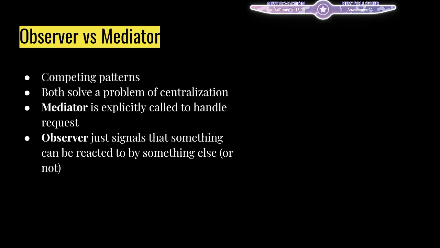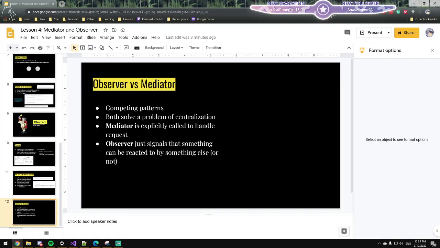So that's the difference between the two. Mediator is much more explicit and it always handles something that you do. However, observer just signals that something happened, and from the outside, we can choose if we want to handle it or not. And that's all I wanted to say about the two.